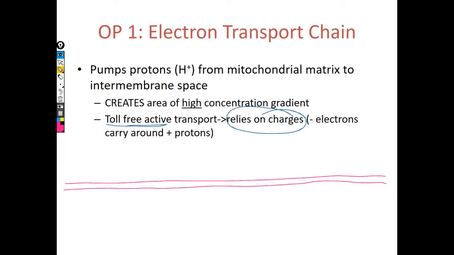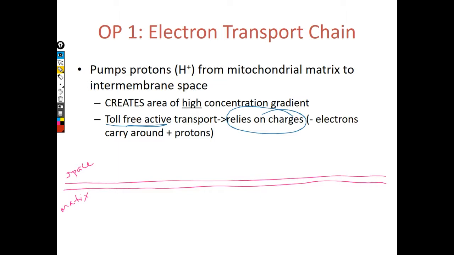This is separating my two spaces, my kitchen and my living room, my matrix and my intermembrane space. I'm doing transport, not simple diffusion.